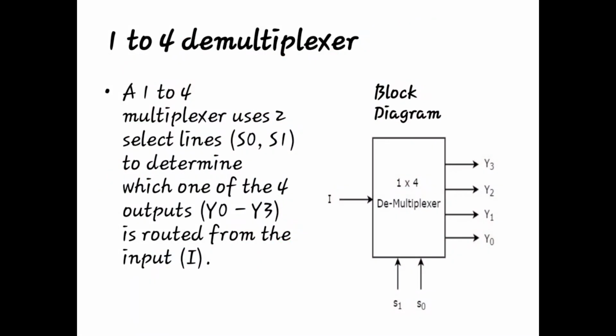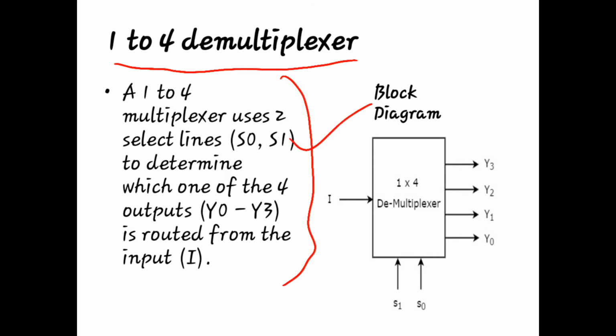Now, if we talk about the 1 by 4 demultiplexer, you can see here 1 by 4 means there will be two select lines, let us say represented as S0 and S1, and there will be four output lines, let us say represented with symbols Y0, Y1, Y2, and the last one, Y3.